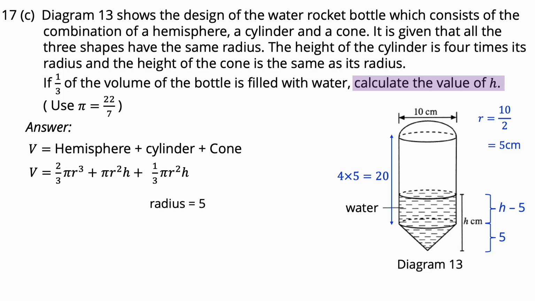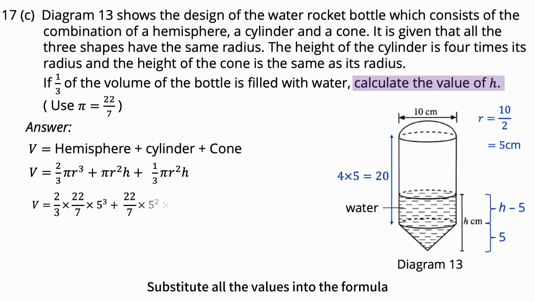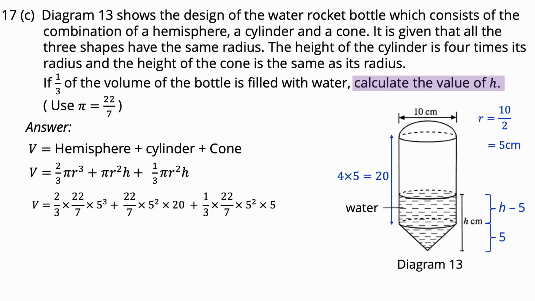Radius equals 5, the height of the cylinder is 20, and the height of the cone is 5. Substitute all the values into the formula and simplify the volumes respectively. The total volume is 13,750 over 7.